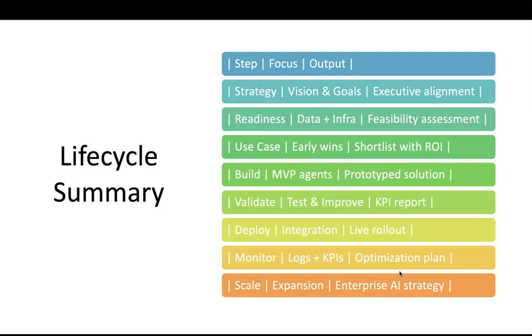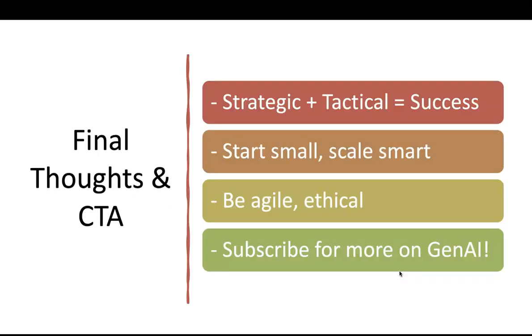Then you build some prototypes, and validate and test your prototype, and based on that you define some rules and improve. Building and validation run through a loop of a couple of iterations, and once you're done with that, you deploy your application, then monitor it, and then scale and expand. This is the entire agentic AI project lifecycle.